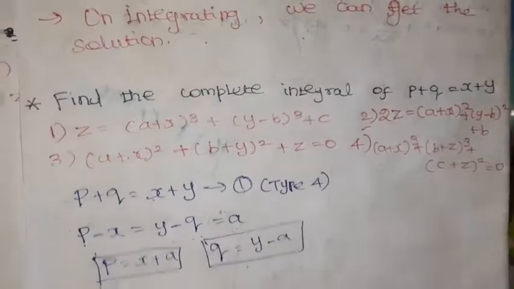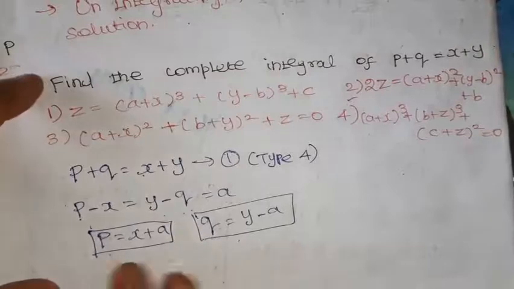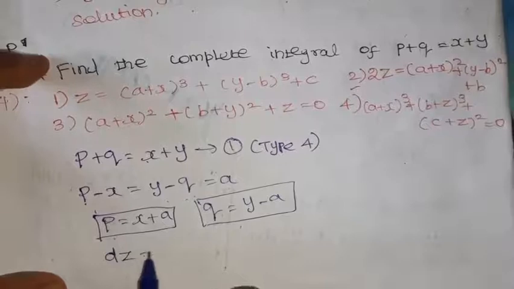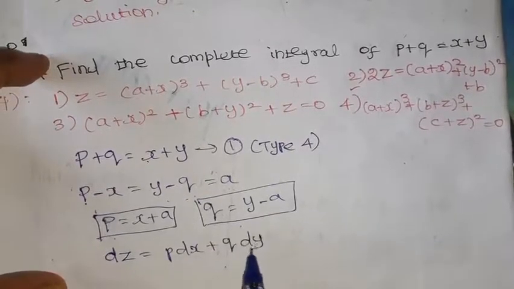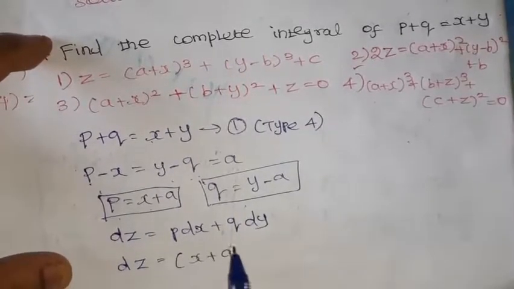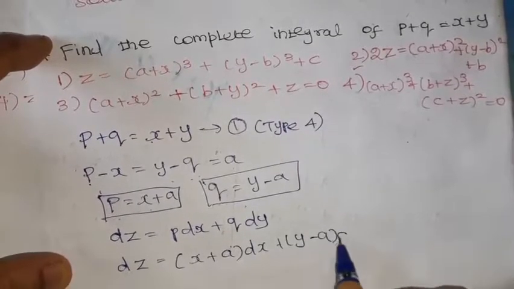Then we have found the values of p and q. Then dz equal to p dx plus q dy, right? Then substitute the p value and q value: x plus a into dx plus q, which is y minus a, into dy.